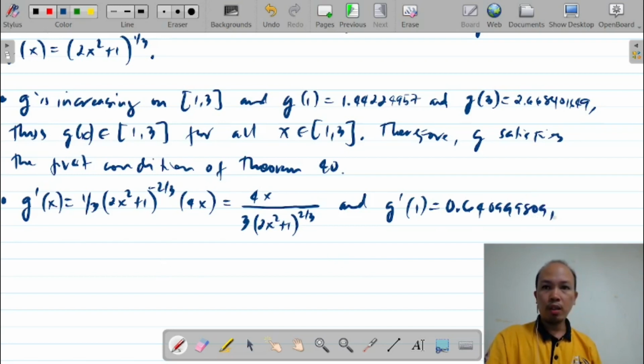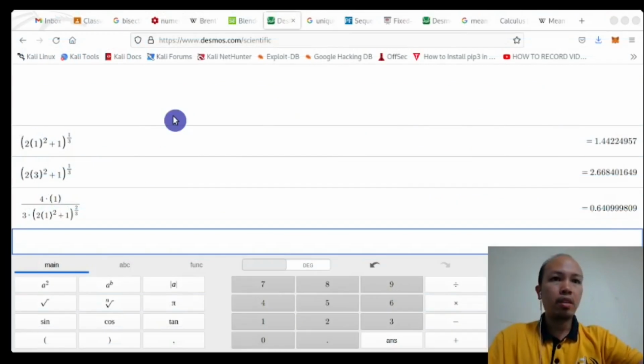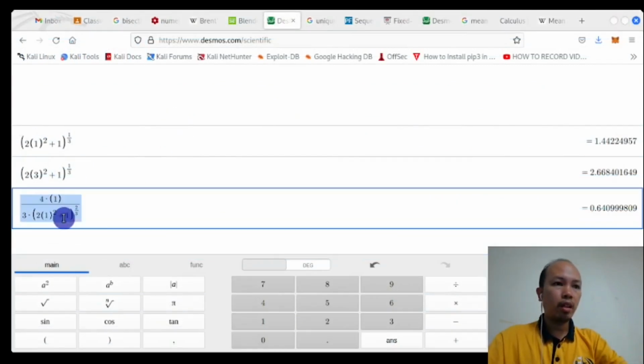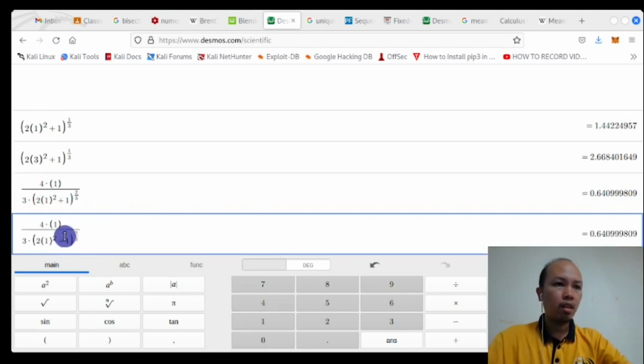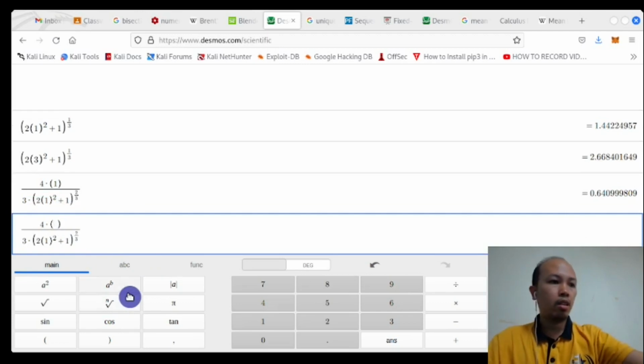And also g prime of 3, the right endpoint. So let's go to our Desmos graphing calculator and copy this one here and replace our 1 by 3.